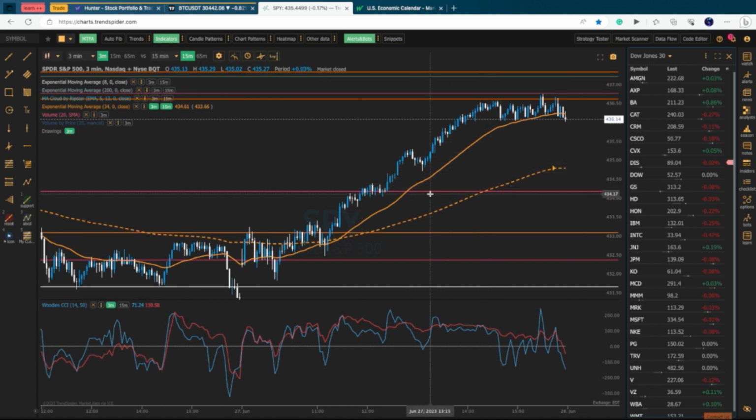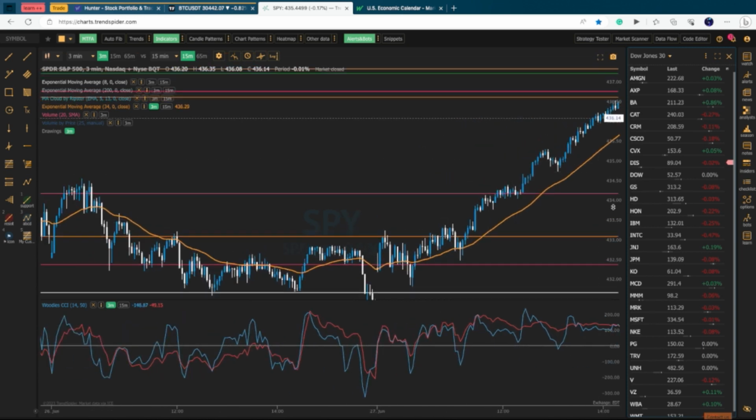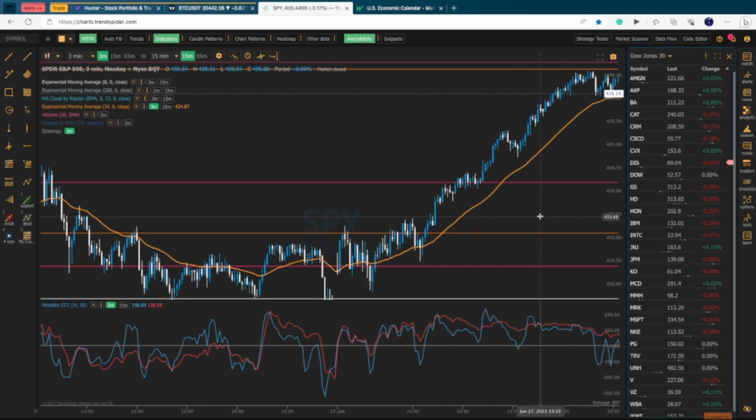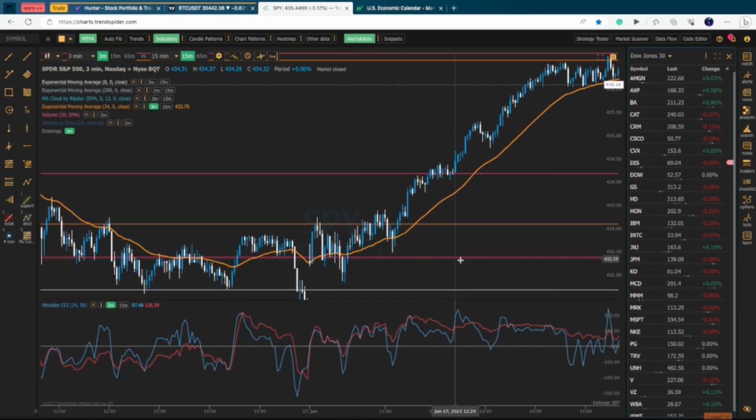This is pretty much how I run the setup. So this dotted line will be that 15 minute 34, and then the solid line is that 3 minute. And I put the stroke thickness up bigger because this is what we're mainly watching for. But yeah, if I run the 3 minute, in general, we're looking for longs above the 34 and then shorts below the 34.